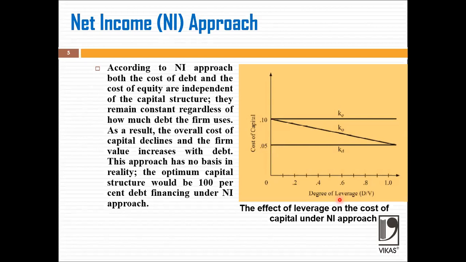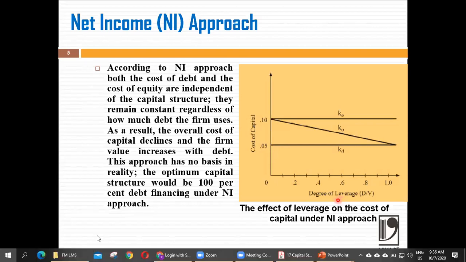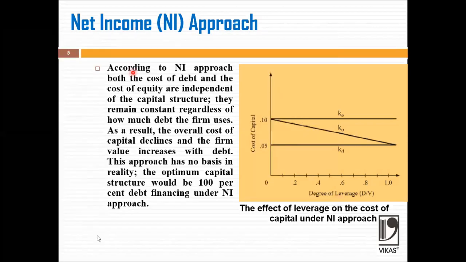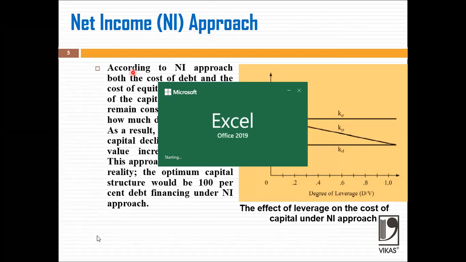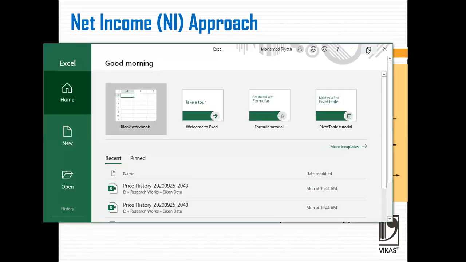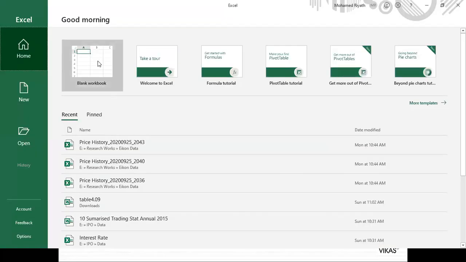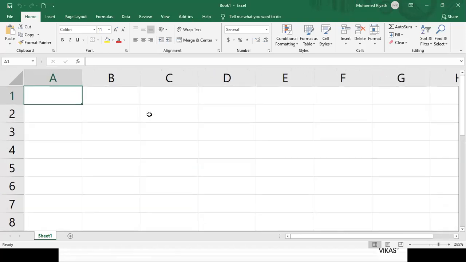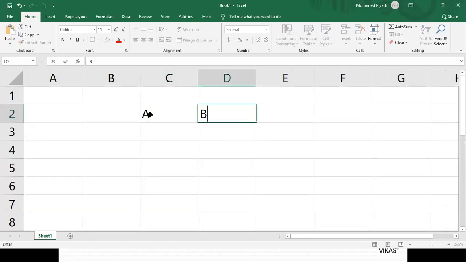I will explain through an Excel example. Assume that there are two companies, company A and company B, right?